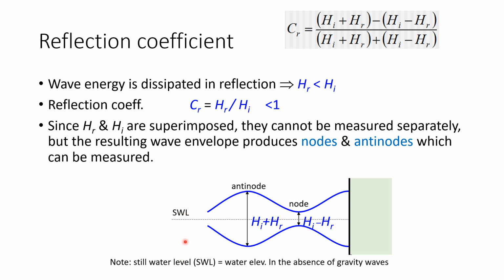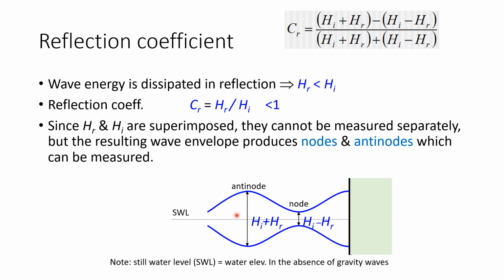So a location where we get the antinode is a location where the incoming and outgoing waves, the incident and the reflected wave, superimpose on one another to produce the highest wave. It's a constructive superposition. They add on to one another. Whereas the node is a location where there's a destructive superposition, so that HI minus HR gives us the minimum surface displacement.